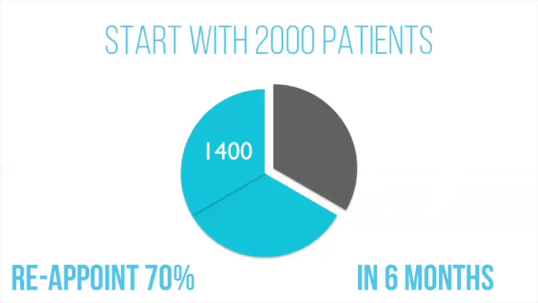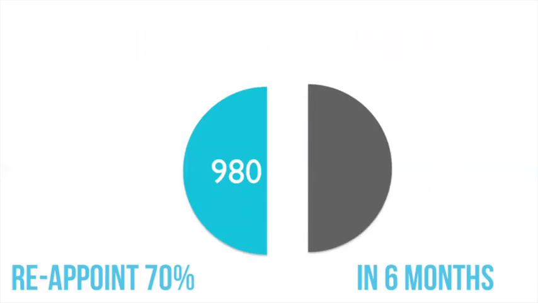If those 1,400 come in and you reappoint 70% of those 1,400, in 6 months you're down to 980 patients that are in recare. You've essentially cut your recare pool in half. That is pretty shocking, but it's something that happens gradually, sometimes without us even noticing. And then all of a sudden we wonder, why are we not as busy as we used to be? It could be that we're just not paying close attention to the reappoints and how we're converting new patients.